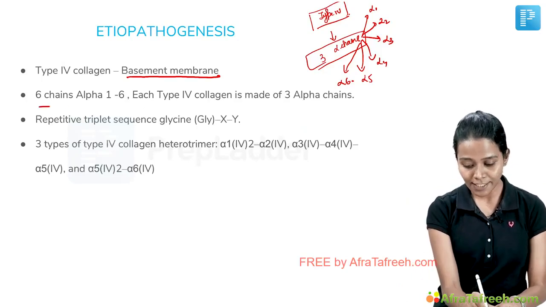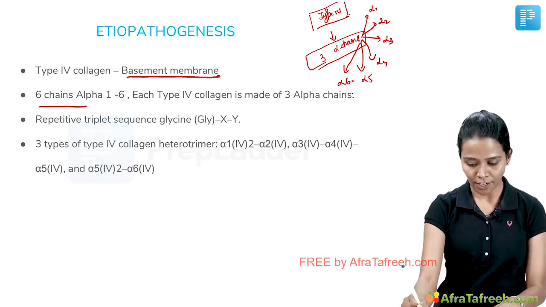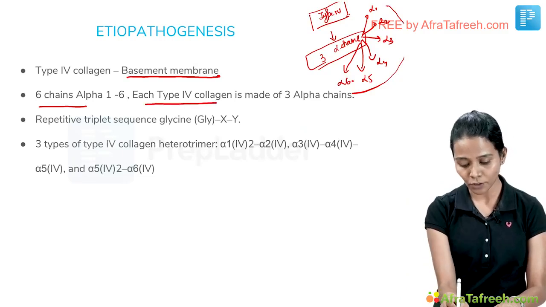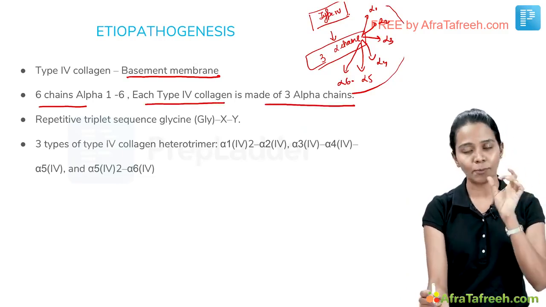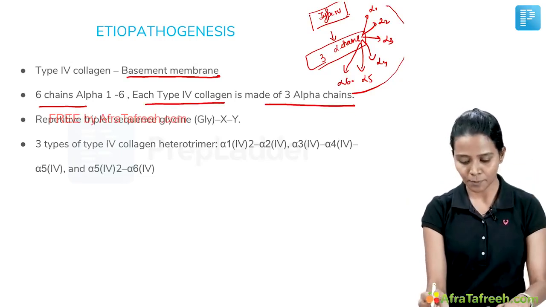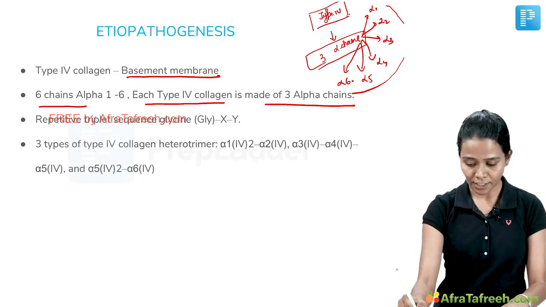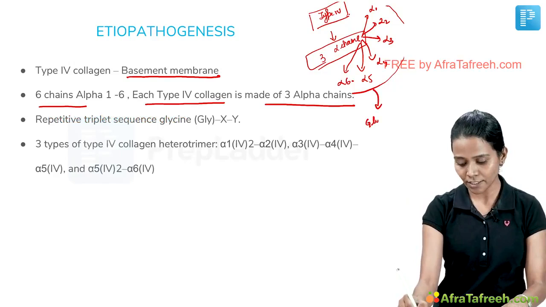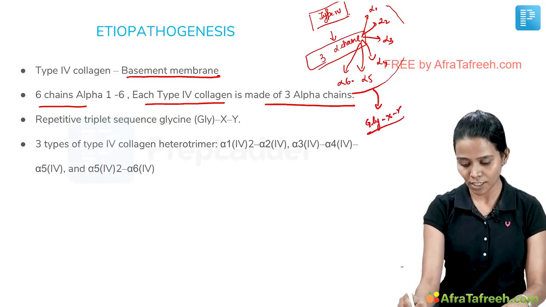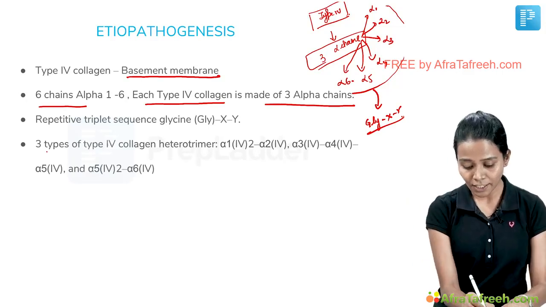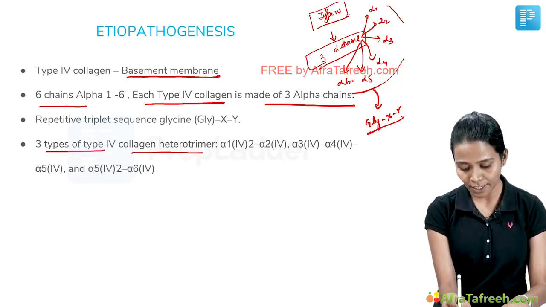So there are basically 6 alpha chains, alpha 1 to alpha 6, and 3 of these alpha chains come together to form a type 4 collagen which is going to get deposited in the basement membrane. These alpha chains are made up of triple amino acid residues, that is glycine X, Y. This triple sequence keeps getting repeated. There are 3 types of type 4 collagen heterotrimer.